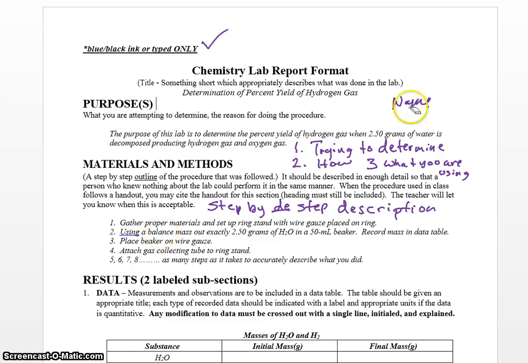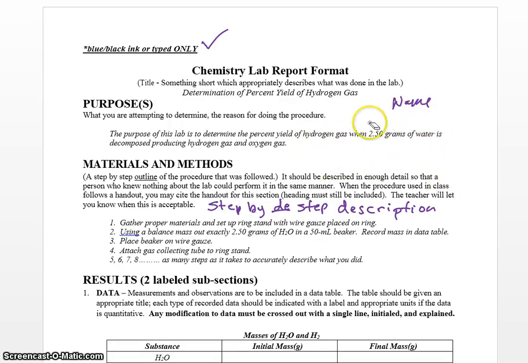Suppose, for example, that you were writing a procedure explaining how to make a peanut butter and jelly sandwich. So you write step number 1.